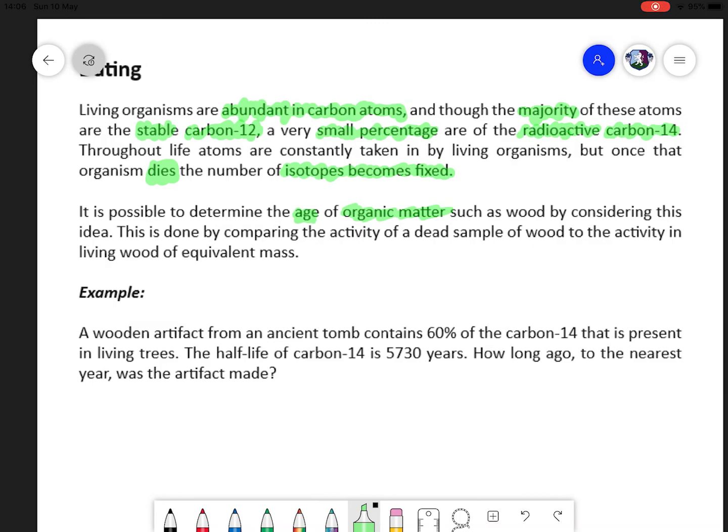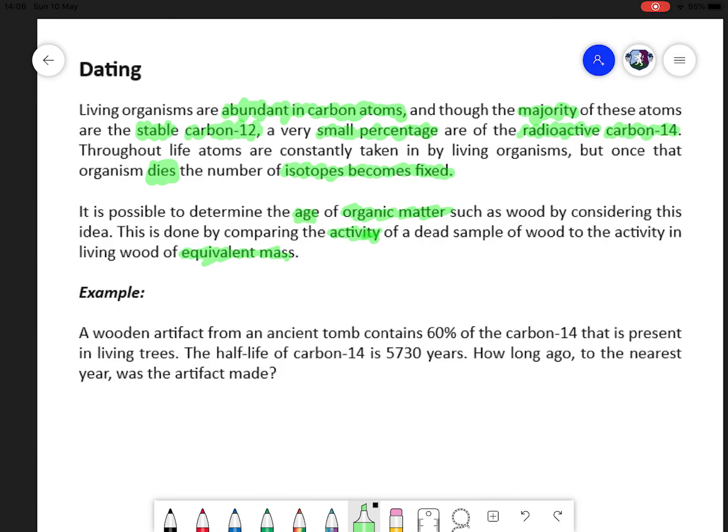So the amount that's present will remain the same for carbon-12, but carbon-14 will decay. And gradually you'll end up with less and less carbon-14 atoms, allowing you to compare it with a similar mass of living matter and seeing how much it has decreased by.